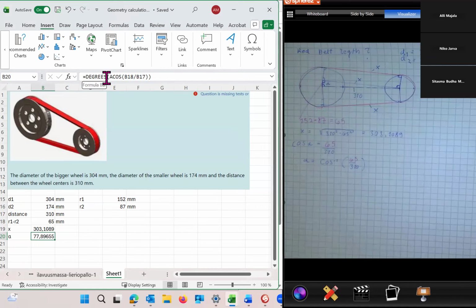To degrees and the brackets. And then I get this angle alpha in degrees. Maybe you're calculating some other exercise now. Or are you calculating this?